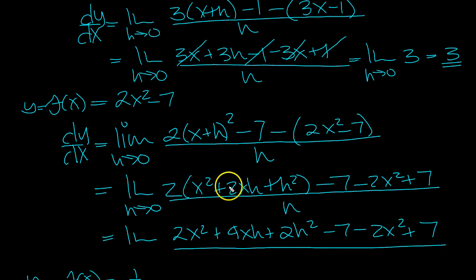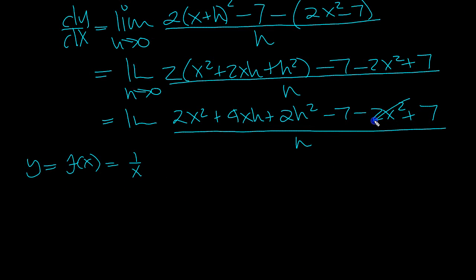So I've just multiplied these 3 terms by 2 and written down these 3 as well. Okay, the 2x squareds cancel, the 7s cancel. There's an h common on top.